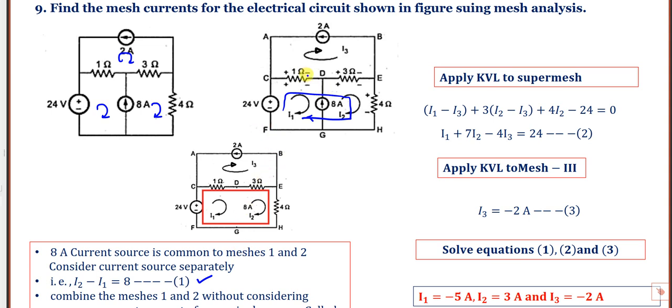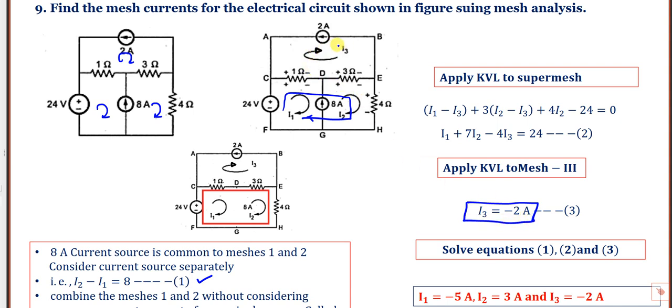Still two more equations are required. See the third mesh. In the third mesh, it is at the edge and it belongs to mesh 3 only. So I can directly tell that I3 is equal to minus 2. Why is it minus 2?